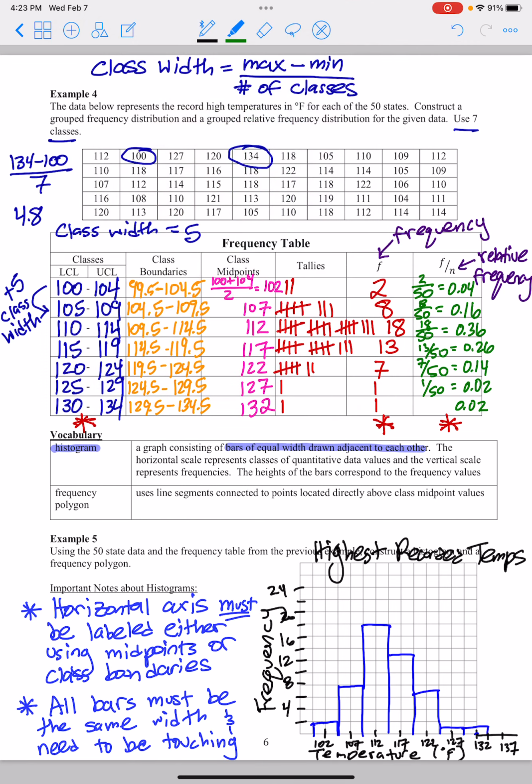The next one we're going to look at is a frequency polygon. A frequency polygon uses line segments that are connected to points located directly above class midpoint values. So notice that it says class midpoint values.